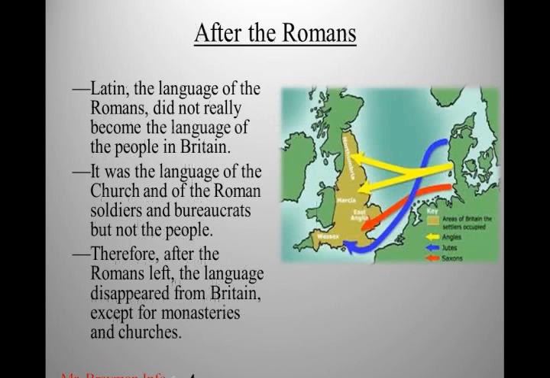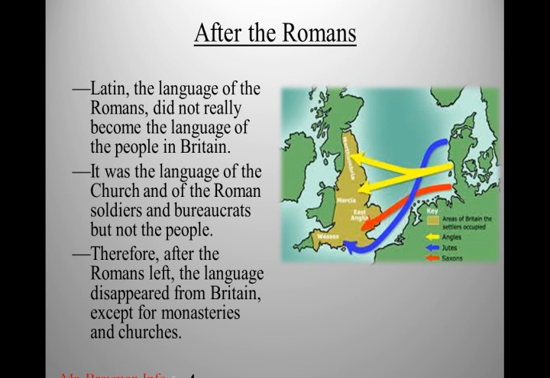It was really the languages of the Anglo-Saxons that had the first lasting impact on English. If we look at this map, we see these different tribes coming from Western Europe and Scandinavia into England. These are the Angles, the Saxons, and the Jutes.